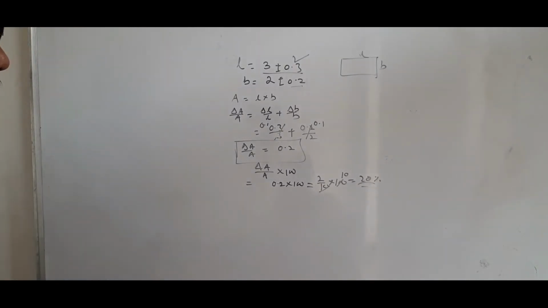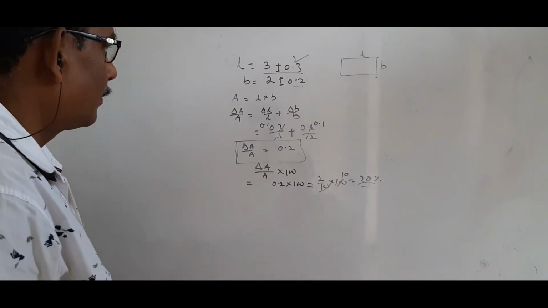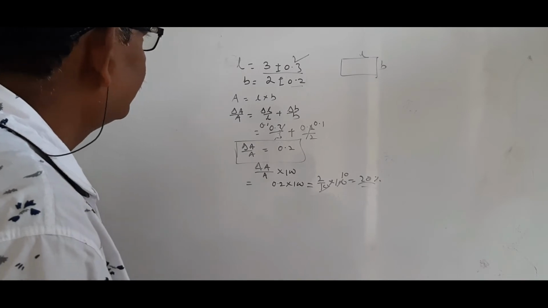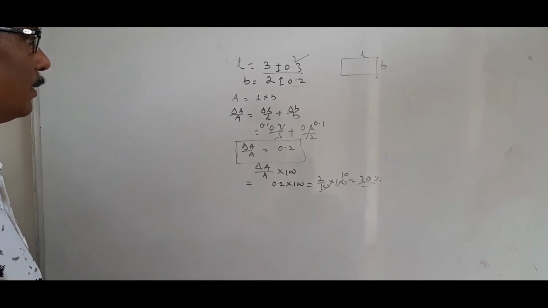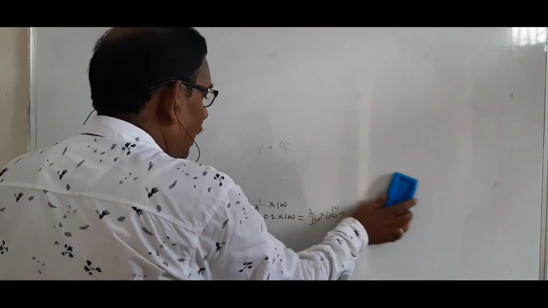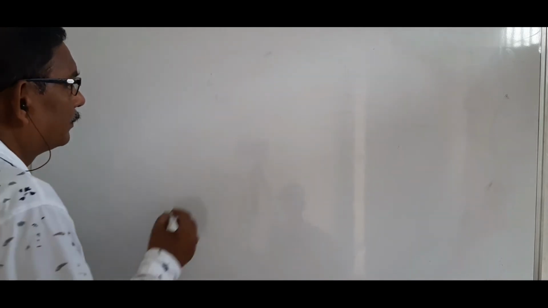In this way, calculate the relative error and percentage error when the two values are given in terms of product. Clear? Now, the final results involve the quotient of two observed values.